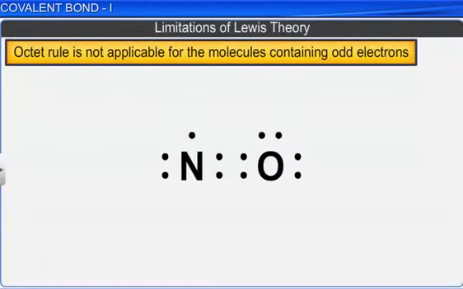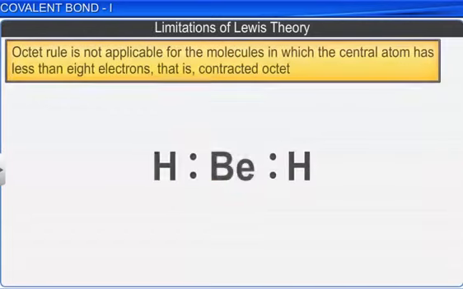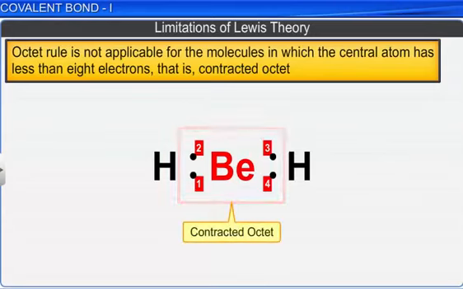Octet rule is not applicable for the molecules containing odd electrons. For example, there are only 7 electrons around nitrogen in nitric oxide. Octet rule is not applicable for the molecules in which the central atom has less than 8 electrons. That is, contracted octet.